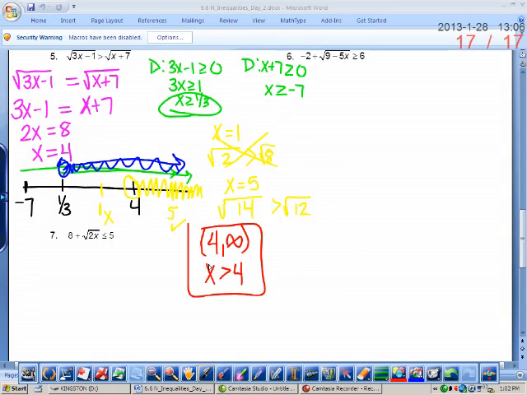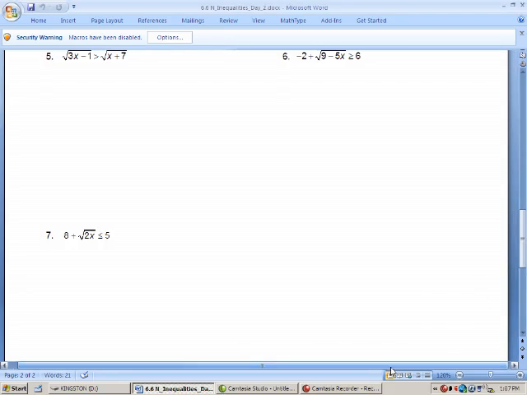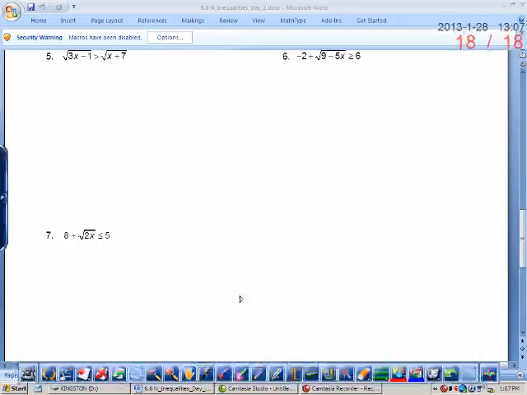Okay, try number 6 for me. That's negative 2 plus the square root of 9 minus 5x, all under the radical, and then greater than or equal to 6.